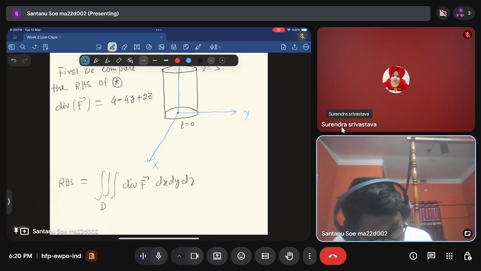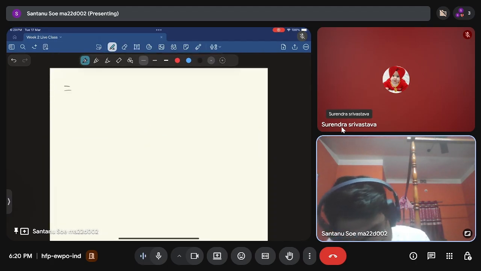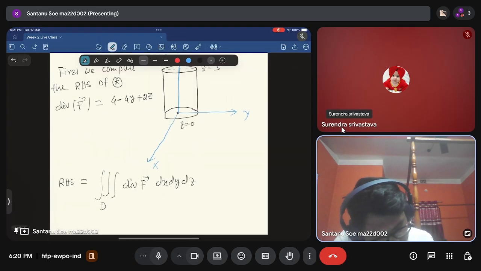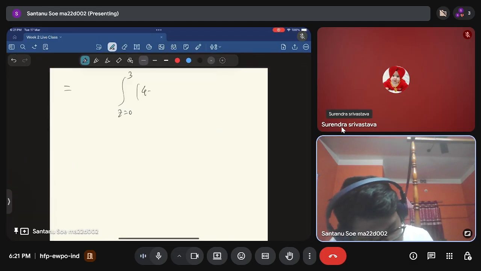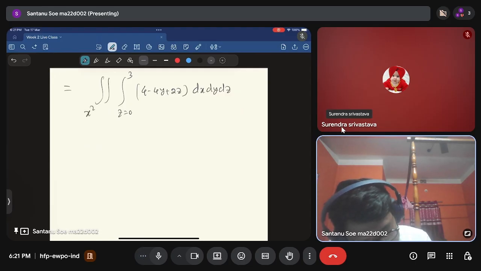Now here see that z is varying from 0 to 3, and our divergence of F is 4 minus 4y plus 2z, over the region x square plus y square equals 4.